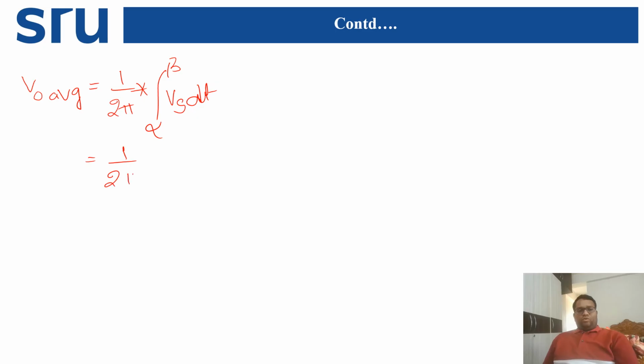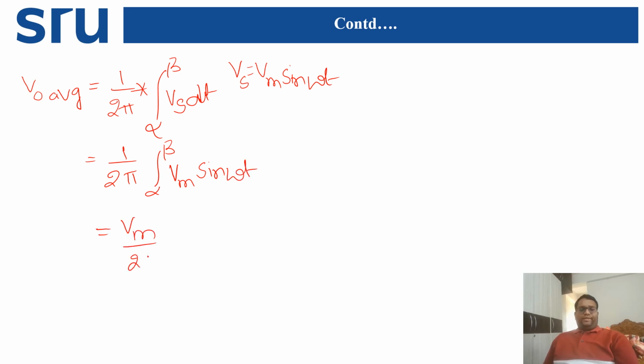Let us take Vs as the source voltage, Vs is equal to Vm sin omega t. Now take it as Vm by 2 pi, integration alpha to beta, sin omega t d omega t. Here the differentiation of the integration will be with respect to omega t.